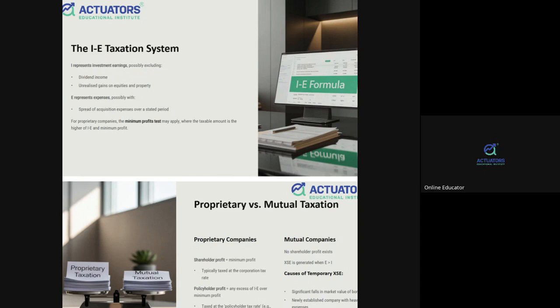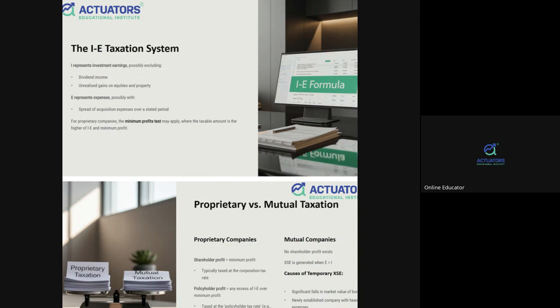Okay. So far, so good, guys. So till now, we have said that it may be possible that the policyholder profit is negative. In that case, I minus E becomes lower than something called trading profit or shareholder profit. Wherever this I minus E basis is applied for a proprietary company, the company needs to apply something called a minimum profits test, which gets kicked in if this case occurs.